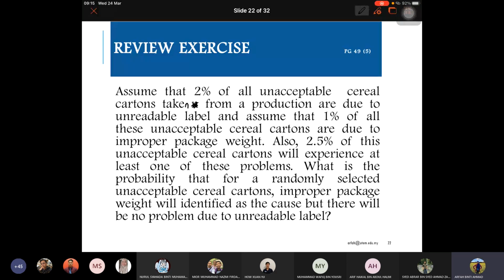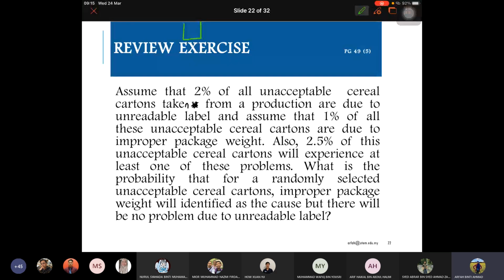Okay, cerita dia macam ni. Selalu kalau pagi-pagi, dia akan makan cereal. Tahu cereal? Cereal tu contohnya Coco Crunch, Honey Star, cornflakes. So, satu company ni, dia produce cereal.